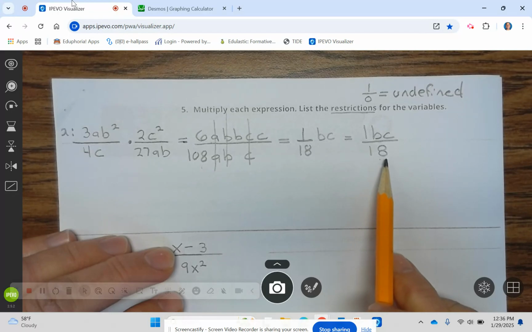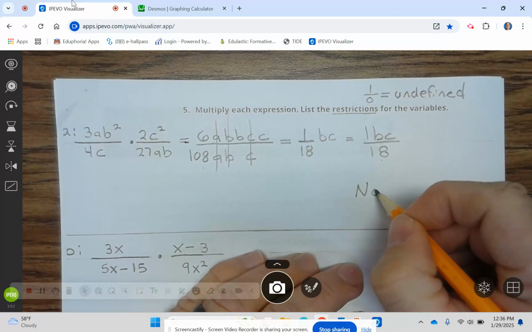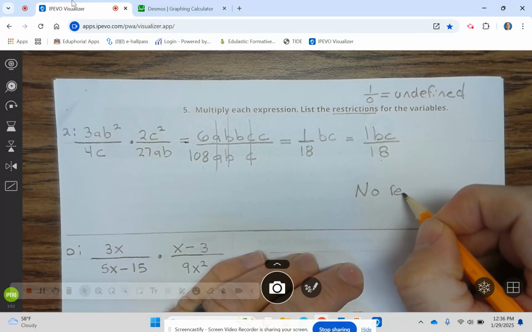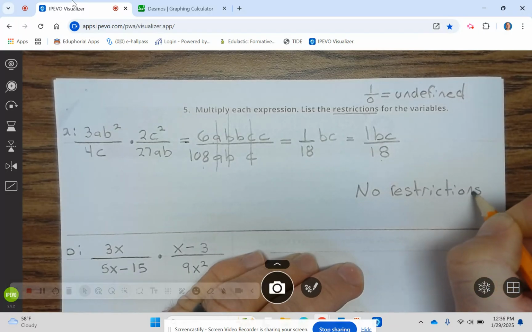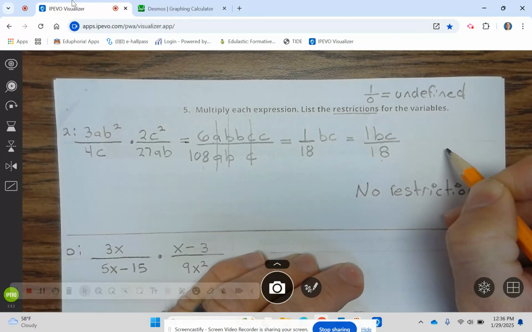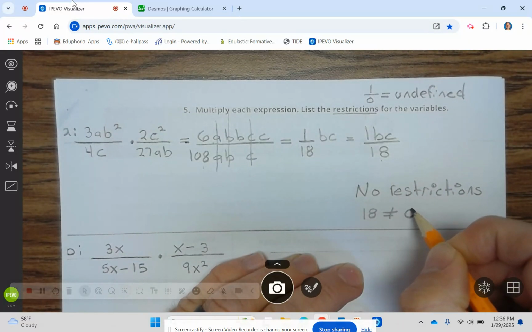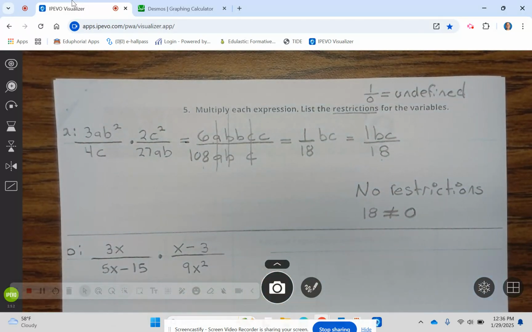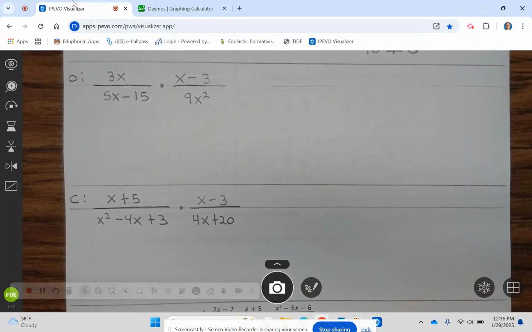Well, in this case, the denominator will never be 0, so there are no restrictions. Because 18 will never equal 0. Okay. All right, go ahead and finish up A. Let's take a look at B.